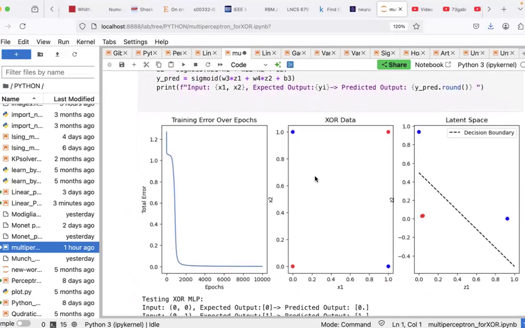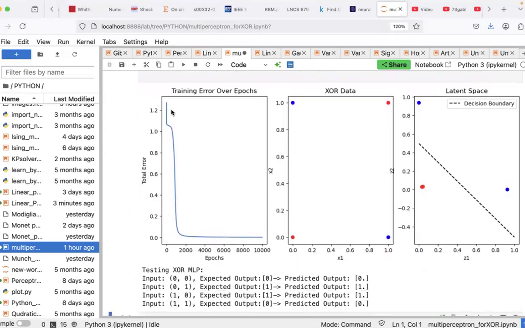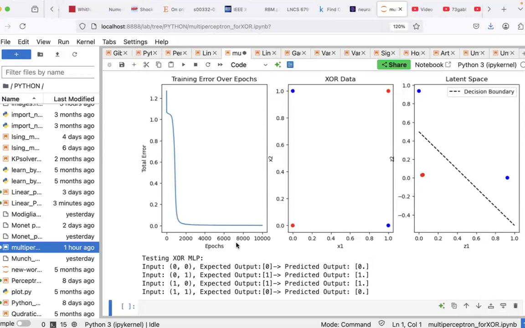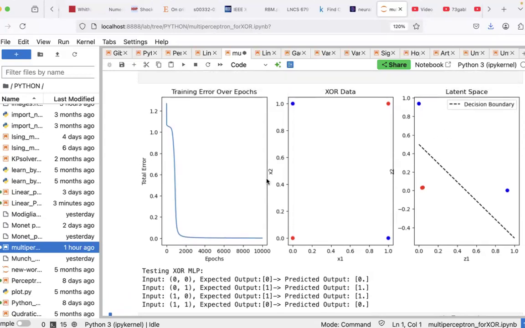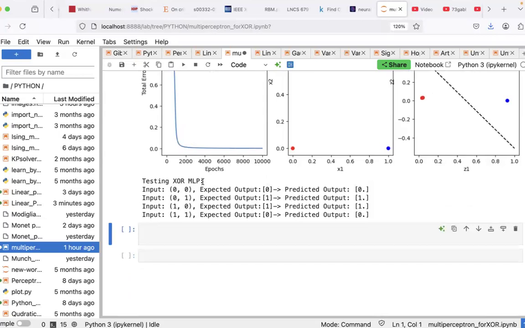So we get just 3 plots. You see the training error goes down very fast, but you need at least 2000 epochs to get to a very small training error. And before commenting on these 2 plots, let's look at the testing.